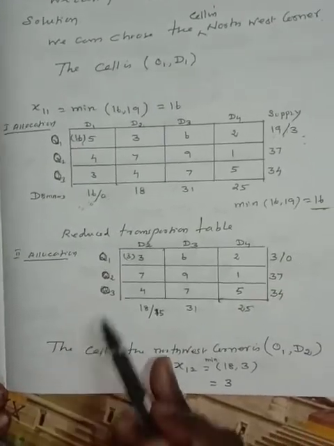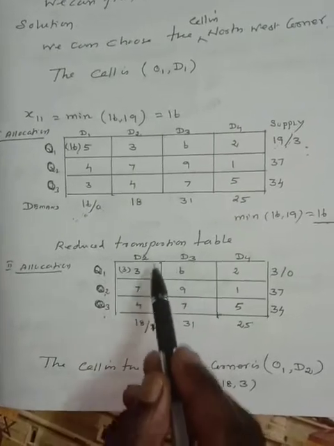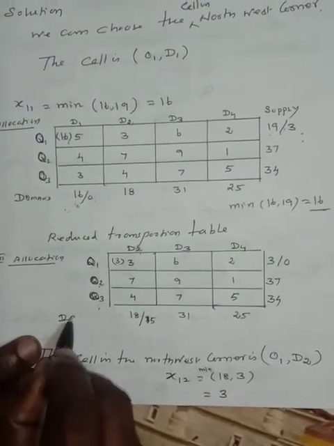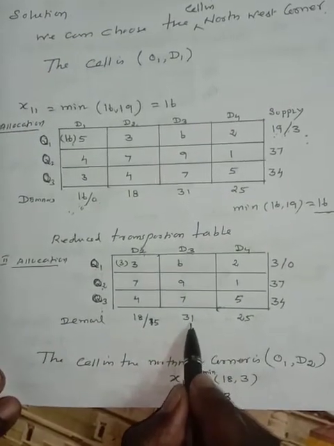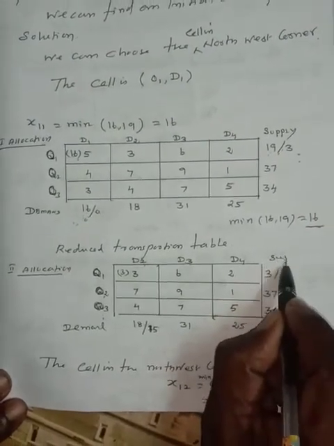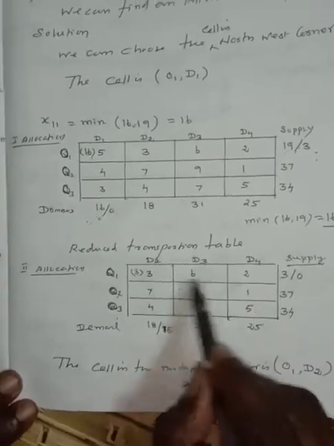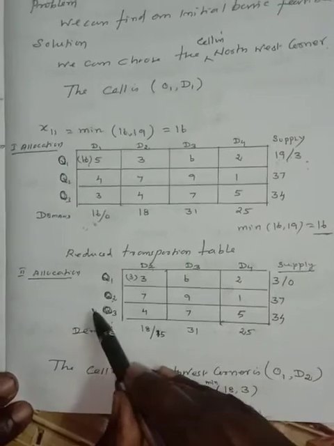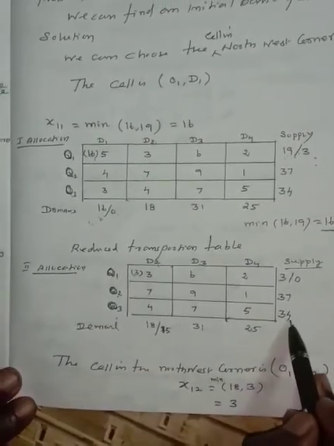Demands are D2 18, D3 31, D4 25. Supplies are O1 3, O2 37, O3 34.